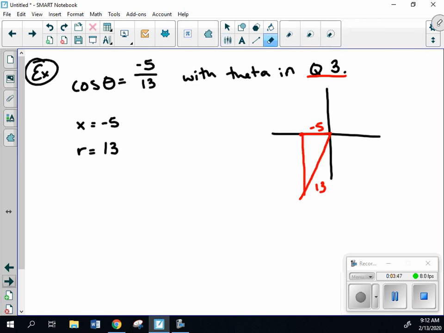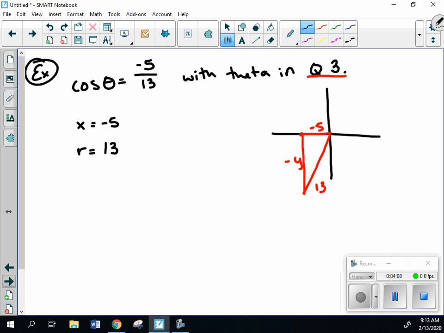Went a little farther. So I need to figure out then what this y value is. And if it's in quadrant 3, I know that that y value has to be a -y. Your radius is always going to be a positive measure because whenever you square it, you're going to get a positive measure there.